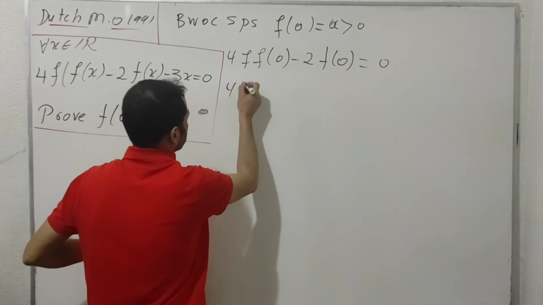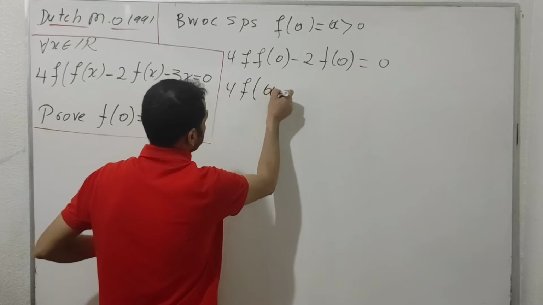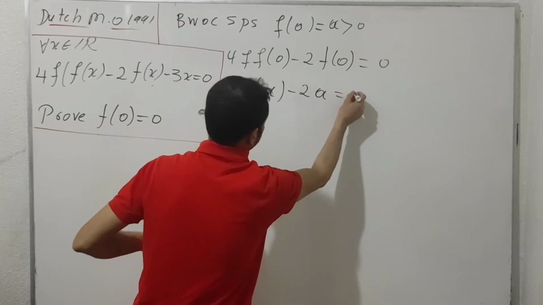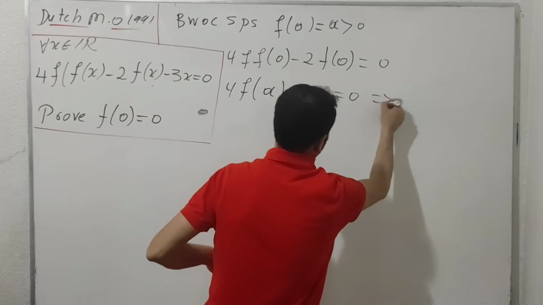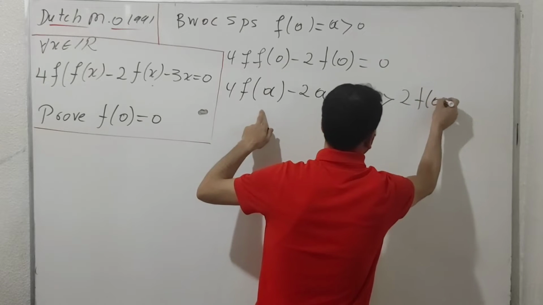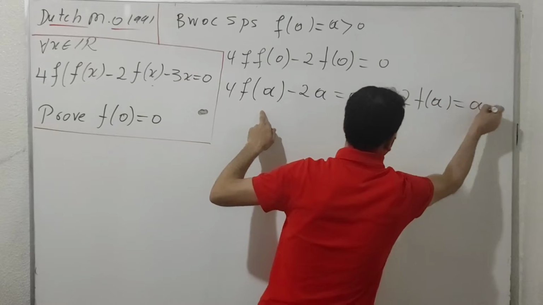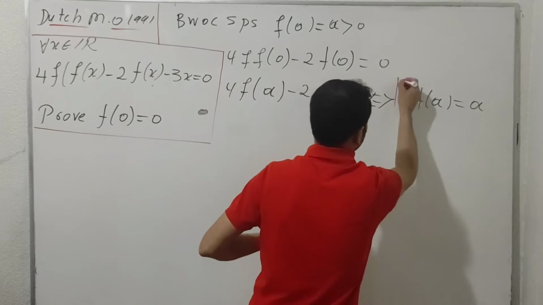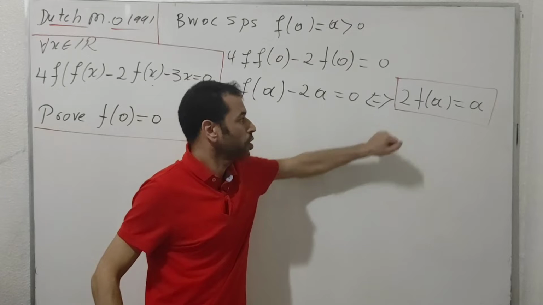So I get 4 times f of A minus 2 times A equals 0. This is equivalent to 2 times f of A equals A. I'm going to keep this one for later. This is a very nice found fact.